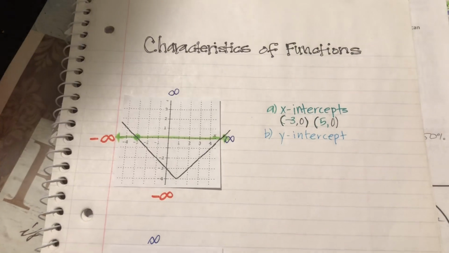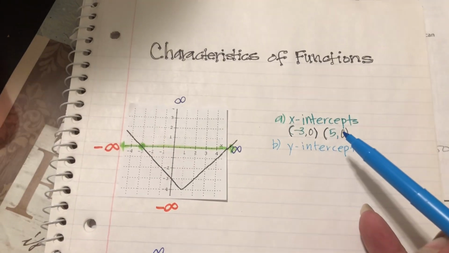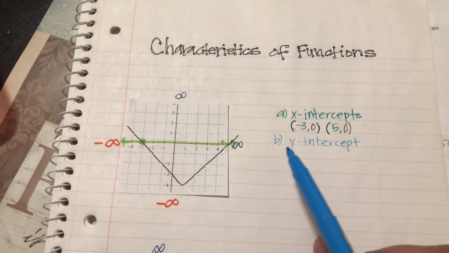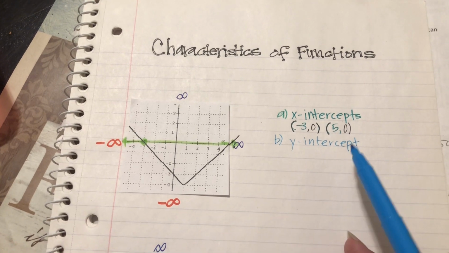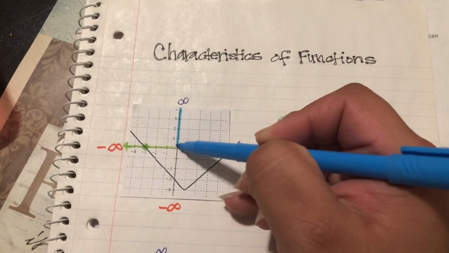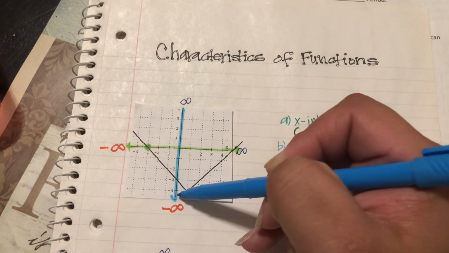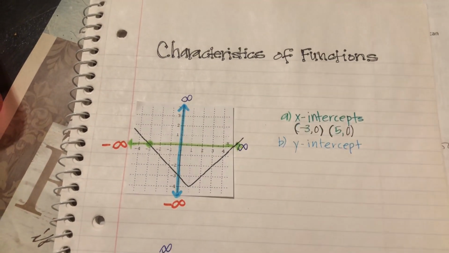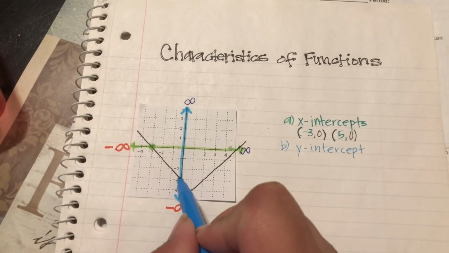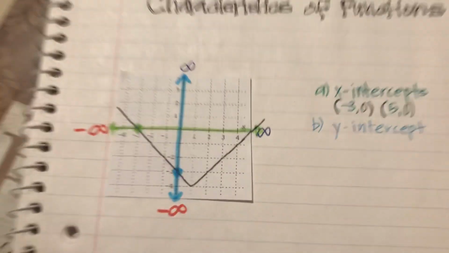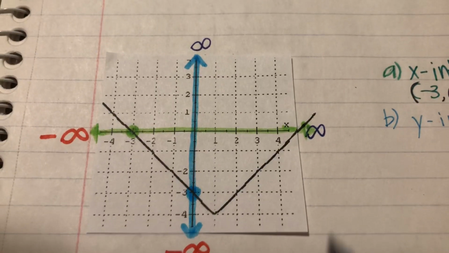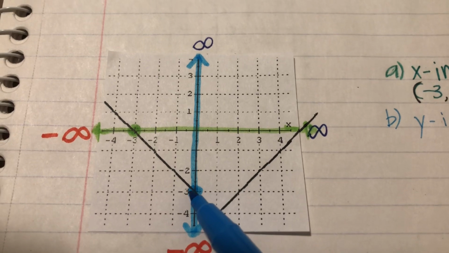All right, so I'm gonna go ahead and do the same thing that I did earlier, and I'm gonna highlight. This is my y-intercept that I'm looking for, so I'm going to highlight my y-axis. And where was I touching? I was touching right here. And where is that? If I zoom in, it is -3.